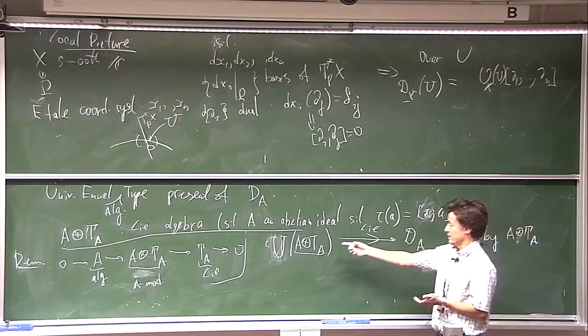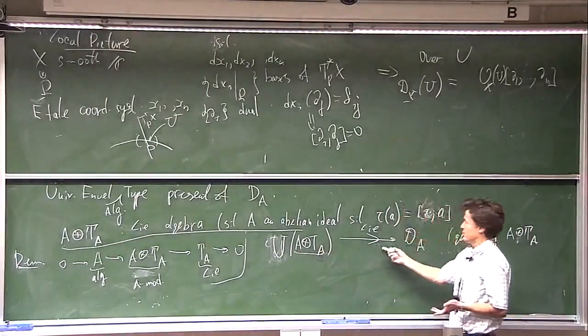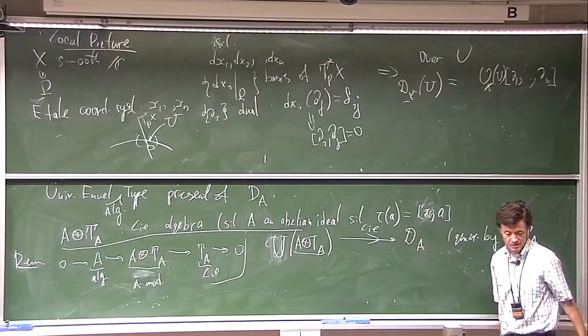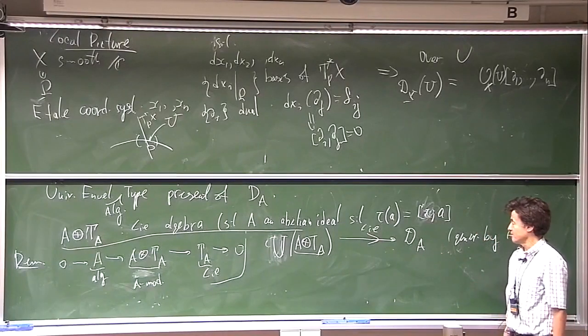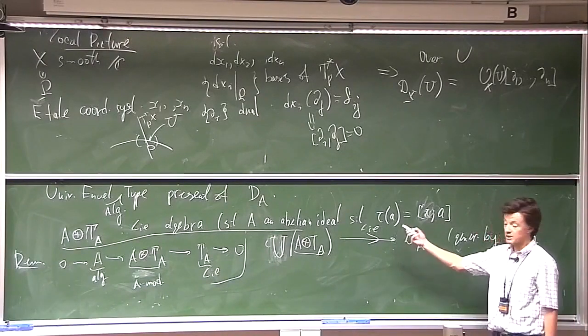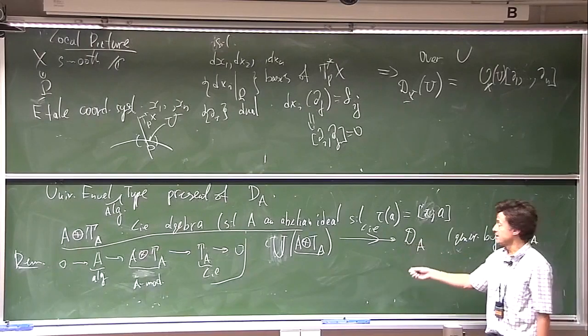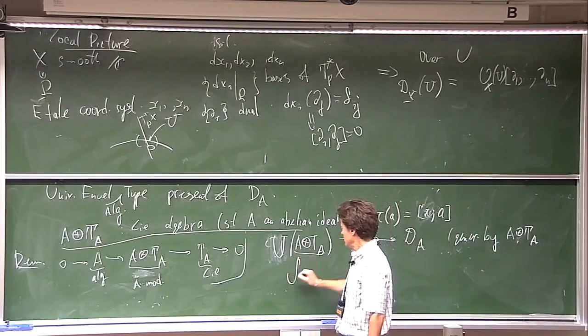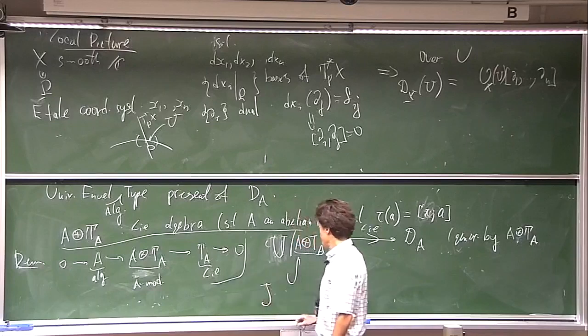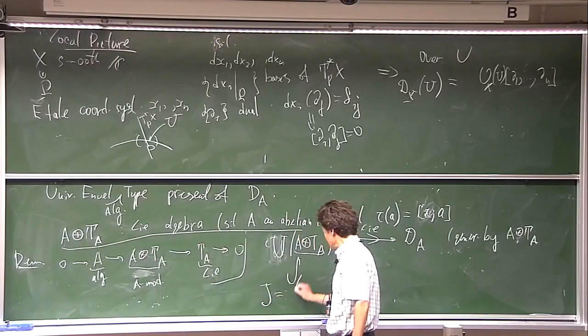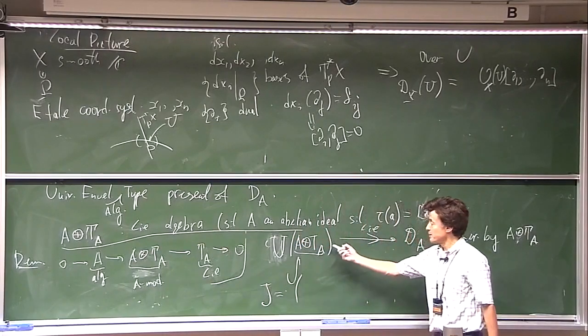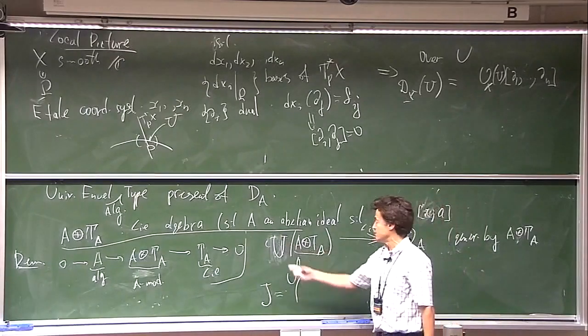So by the universal property of the universal enveloping algebra, there is this map, and it's surjective, but there is a huge kernel. And the kernel is exactly generated by the multiplicative structure that's ignored by it.